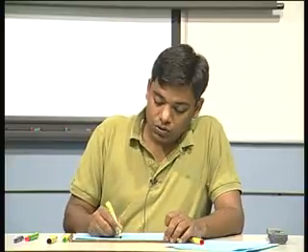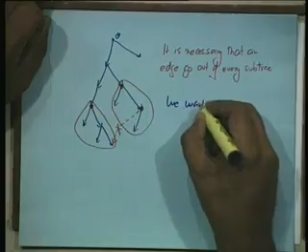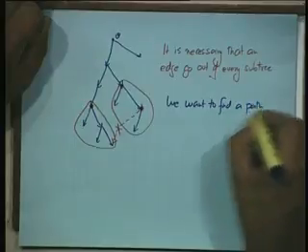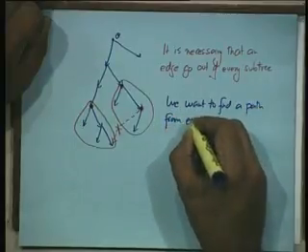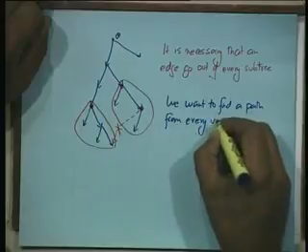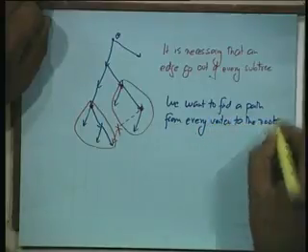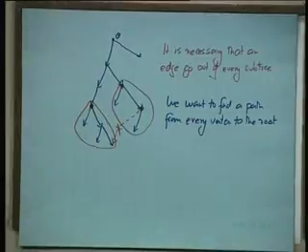So all I have to show you is a path from every vertex to the root. So we want to find a path from every vertex to the root. Now, what kind of path will this be?